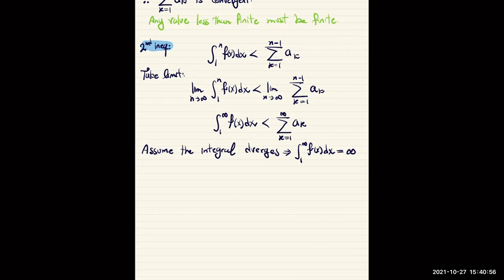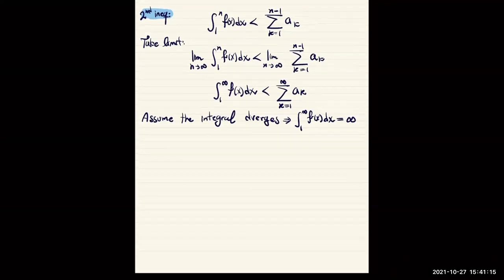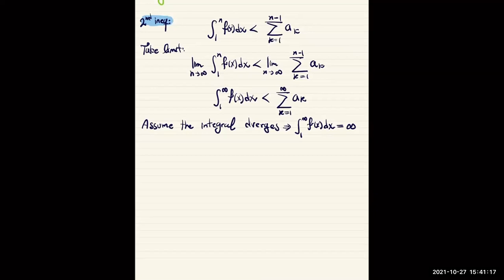Okay, but we know for sure, if I assume divergence, then I know for sure the integral is infinity because the function is continuous and it is above the x-axis. So area is always positive. That would be positive infinity. So now under this assumption, this inequality becomes, for the left hand, infinity.